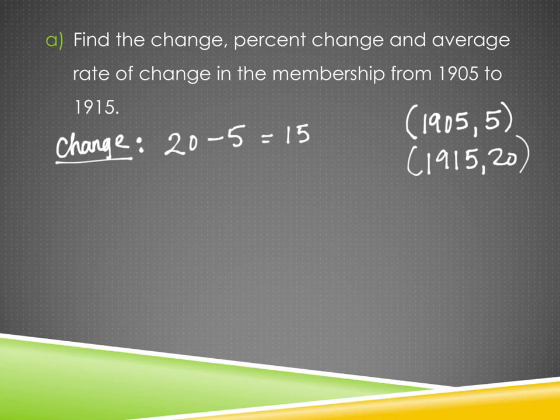Yep, that's right, states. I mean, so we're not writing the sentence again on this one because it didn't tell me I had to, but if I had to write a sentence, it would say something like this. From 1905 to 1915, the number of states with PTA organizations increased by 15 states, right? 15 more states had one of these organizations.